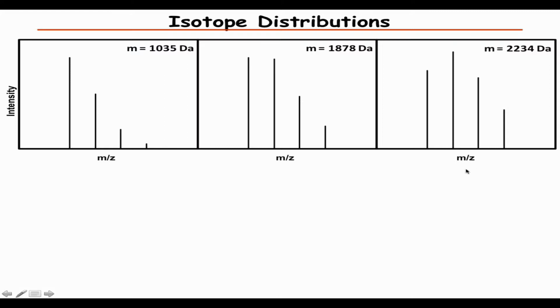For example, what we see here is that if we have mass around 1,000 Dalton, the carbon-12 peak dominates. This is carbon-12, this is one higher isotope, another higher one. But if we go close to 1900, the first 2 peaks are about the same in the isotope distribution. And then at higher masses, the carbon-12 peak starts to become smaller.